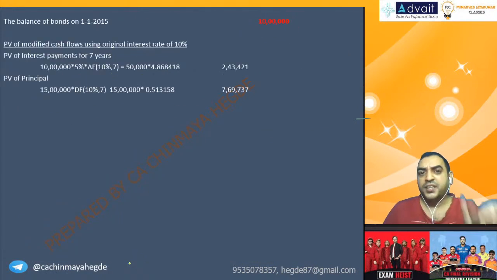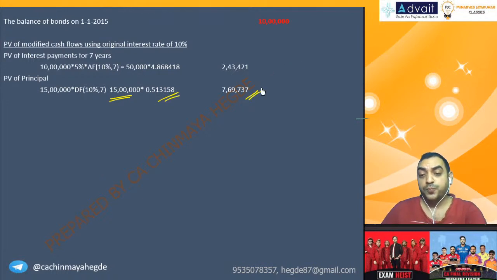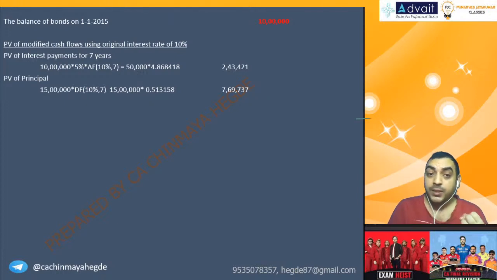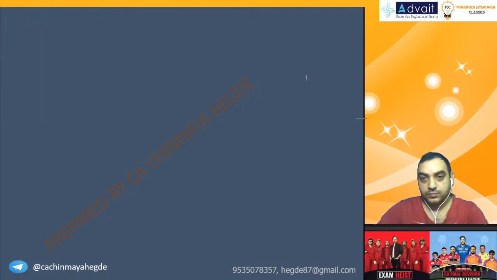And the principal repayment, the redemption amount of 15 lakh repayable after 7 years, with the last year's discounting factor, gives the present value. Not only this, apart from interest payment and principal payment, you also pay transaction charges, which you consider as 1 lakh.